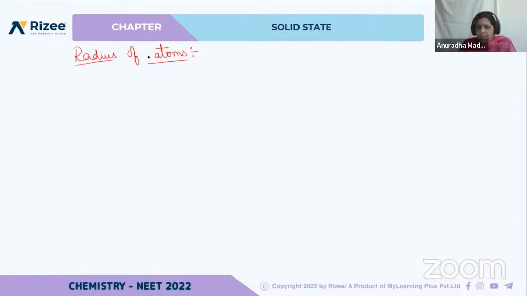Those are closely packed. So, let's consider two atoms. If we want to calculate the radius of these atoms, first of all, we should consider the center, or nucleus.